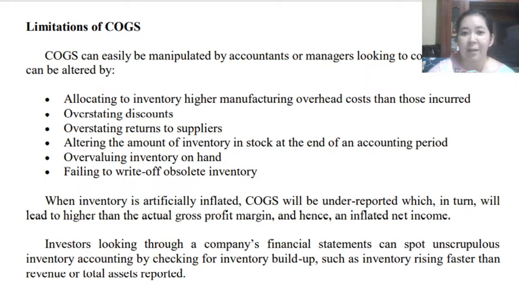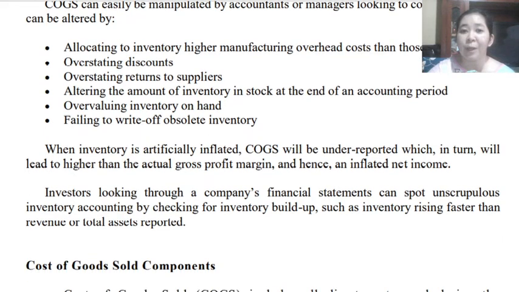And investors who will look into the company's financial statement can spot this unscrupulous inventory accounting if they check for inventory build up, such as inventory rising faster than revenue or total assets reported, or they can also look into the financial ratios that will support this claim of the management.